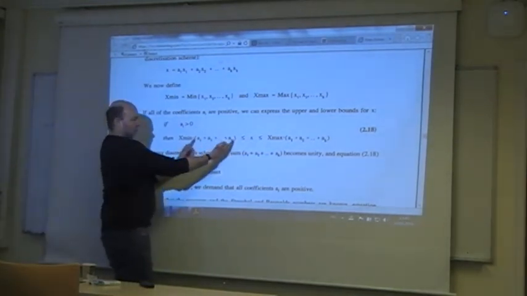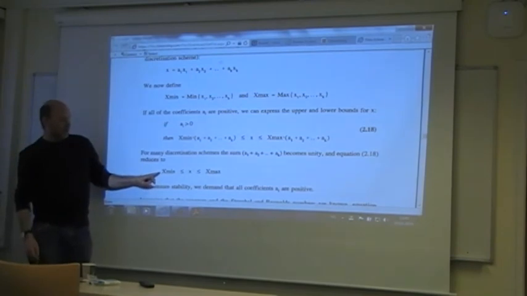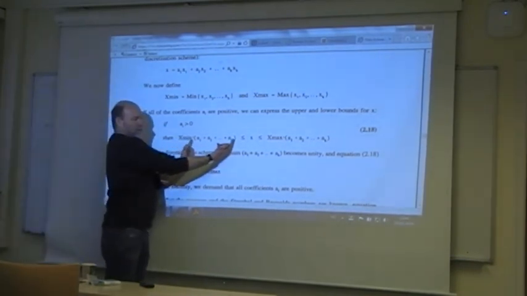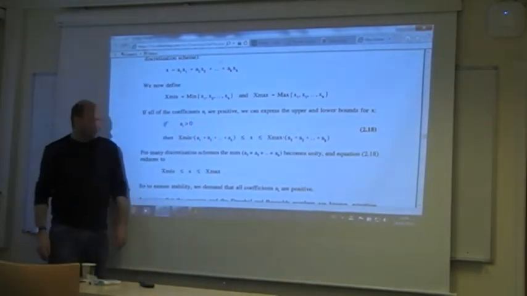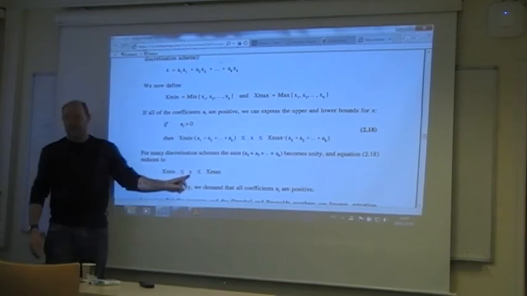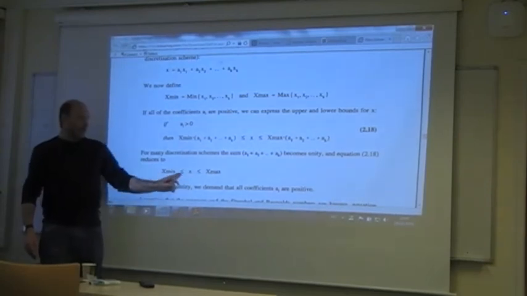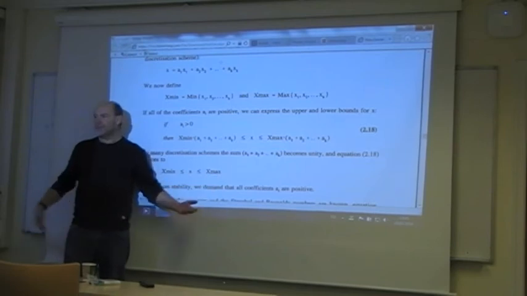If the sum is 1, it's fairly easy to see, yes, you get this expression. But if the sum of the coefficients here and here is something else, then it will either be on the wrong side of x min or the wrong side of x max. It's not bounded anymore.